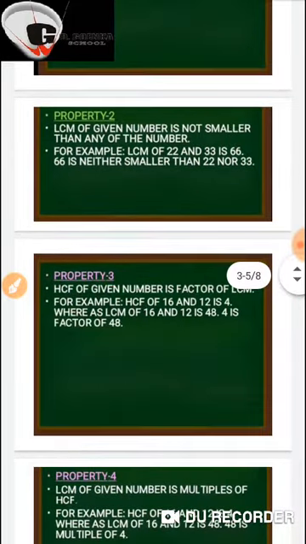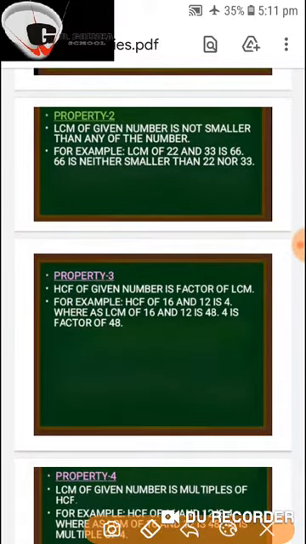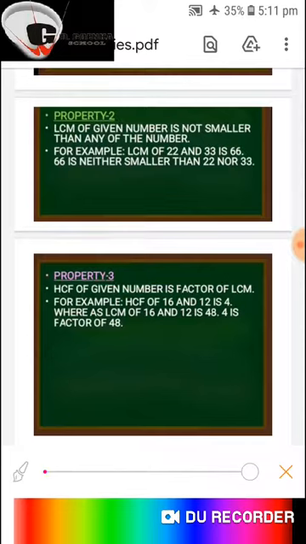Property 2. It says that LCM of given numbers is not smaller than any of the numbers. That is, if we have a set of numbers, their LCM is always greater than or equal to one of the given numbers.